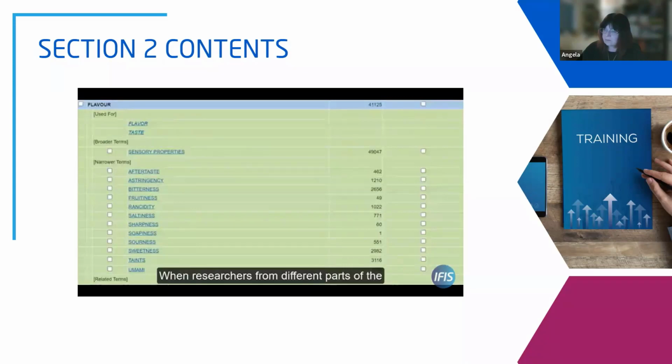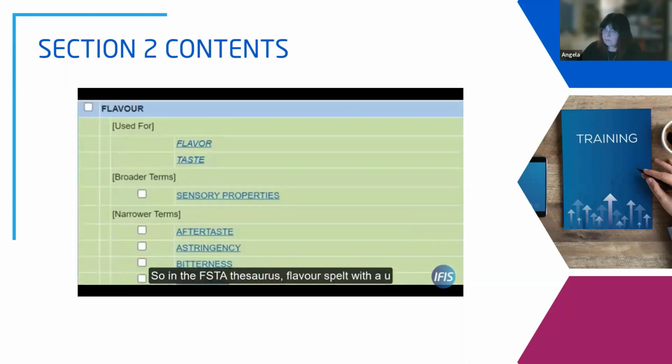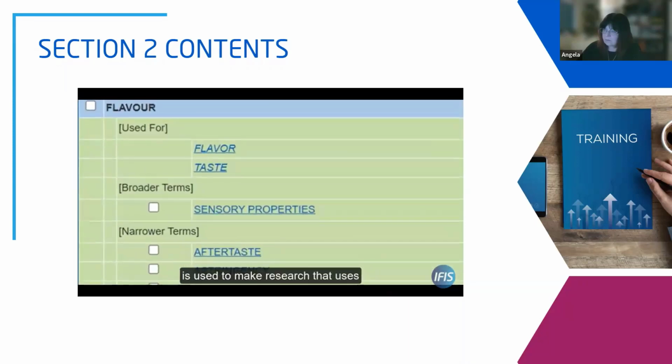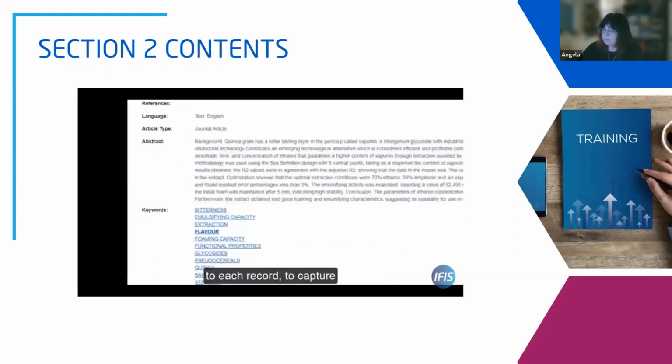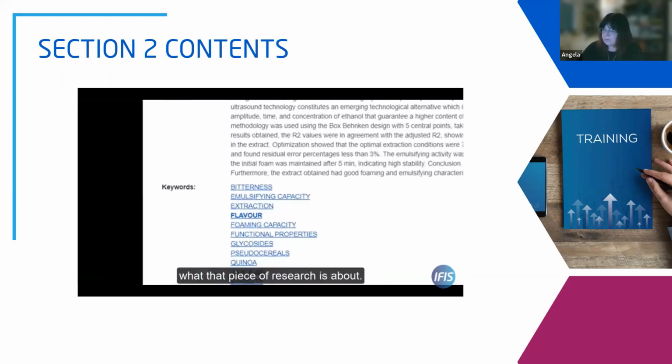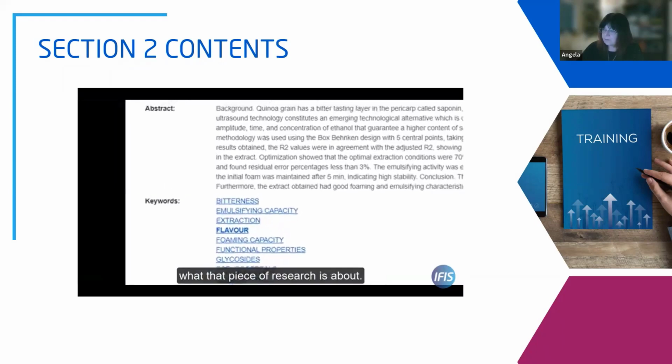When researchers from different parts of the world use different words to describe the same concept, the thesaurus pulls those terms together. So in the FSTA thesaurus, flavor, spelt with a U, is used to make research that uses flavor with no U or taste, all discoverable with a single search. The way that this happens is that an indexer for FSTA assigns the thesaurus term to each record to capture what that piece of research is about.